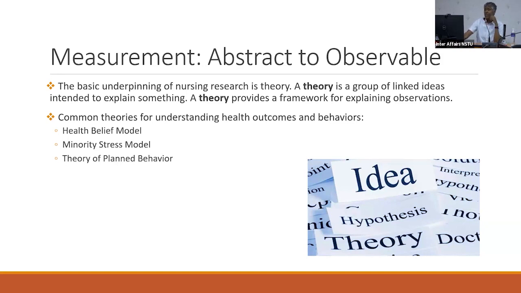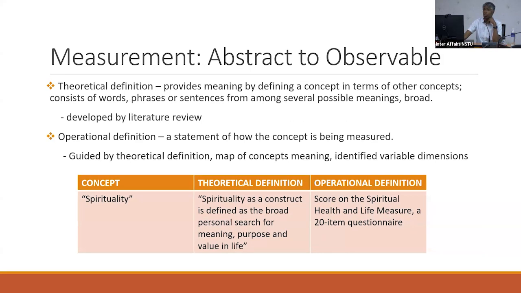Okay. The next thing is that, when we think about how to move from the abstract to the observable, we really think about theory. It is a way of understanding outcomes and behaviors. Theory can help us by defining a term in terms of concepts.